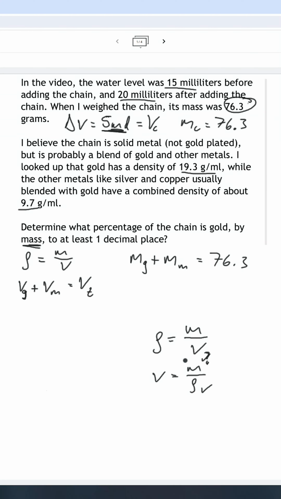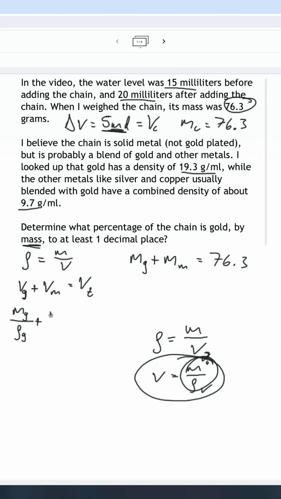So how are we going to do it? Well, the volume of the gold, you can see it from this equation, that volume equals mass over density. So we only have to change it, that this is going to mean that the volume of the gold should be the mass of the gold over the density of the gold. And it's going to be the same thing with the other metals, right? So instead of writing the volume of the metals, we know this relationship.